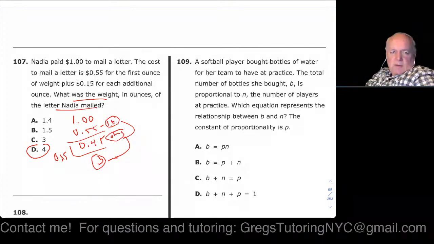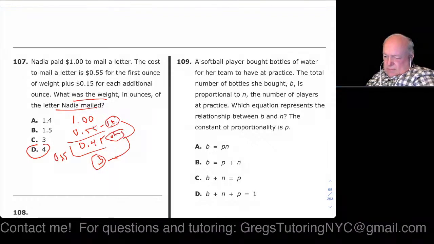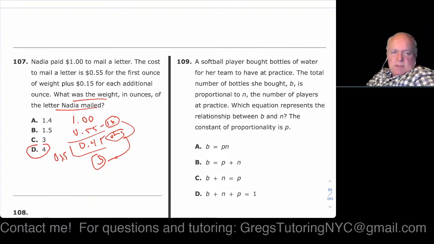We could have also viewed this a slightly different way. Let me change the color of this just for clarification purposes. If we think it through more algebraically, she paid $1 for the letter, so $1 is going to give her what?